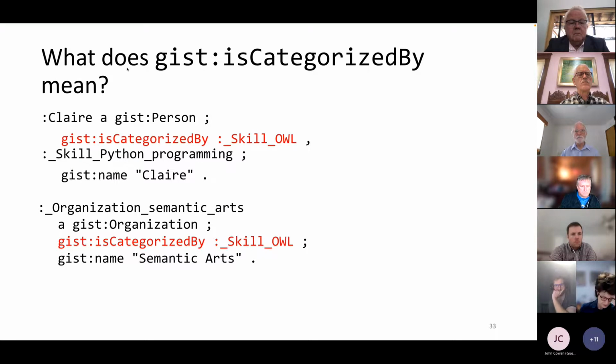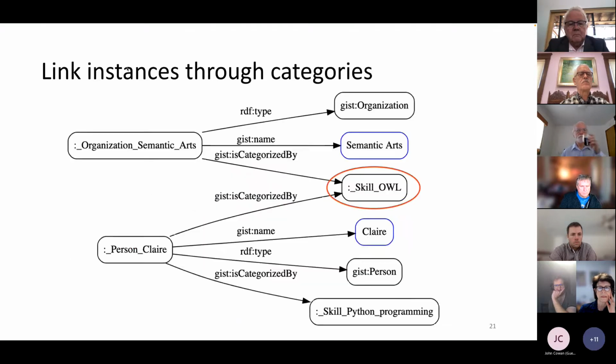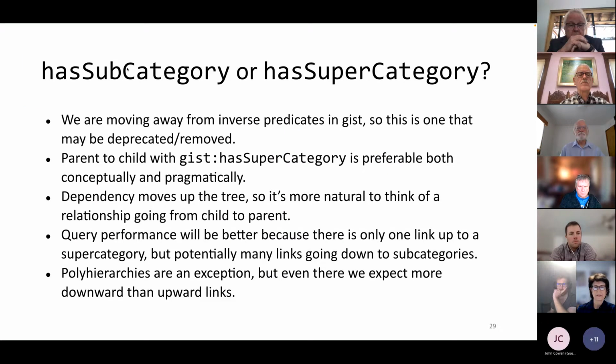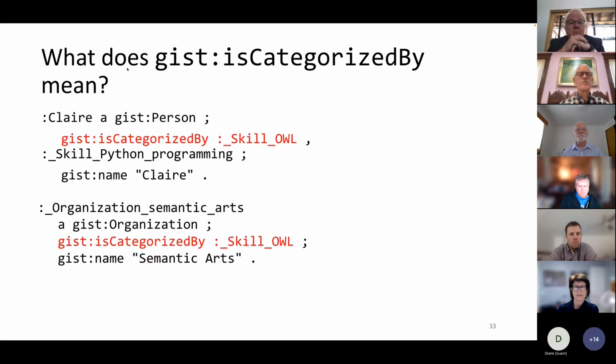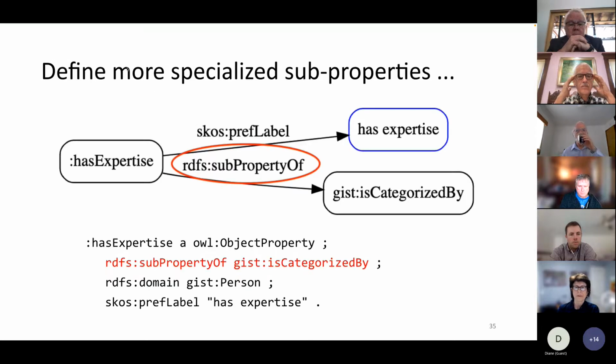Going back to this slide, it's not really clear what isCategorizedBy means, and how Semantic Arts is categorized by an OWL skill in a different way from the way Claire is categorized by that skill. So what I generally do is define subproperties.